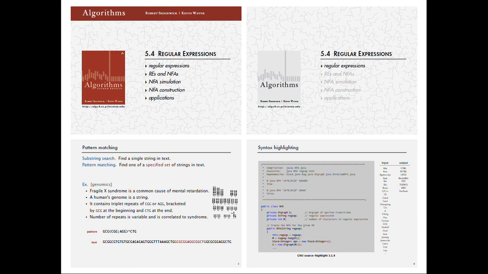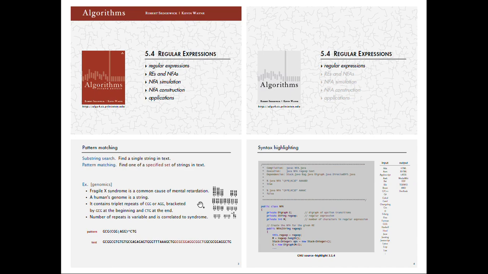A, C, G, T, 4 letters, and they're given that if a human genome has Fragile X syndrome, it contains triplet repeats of CGG or AGG, bracketed by GCG at the beginning and CTG at the end.